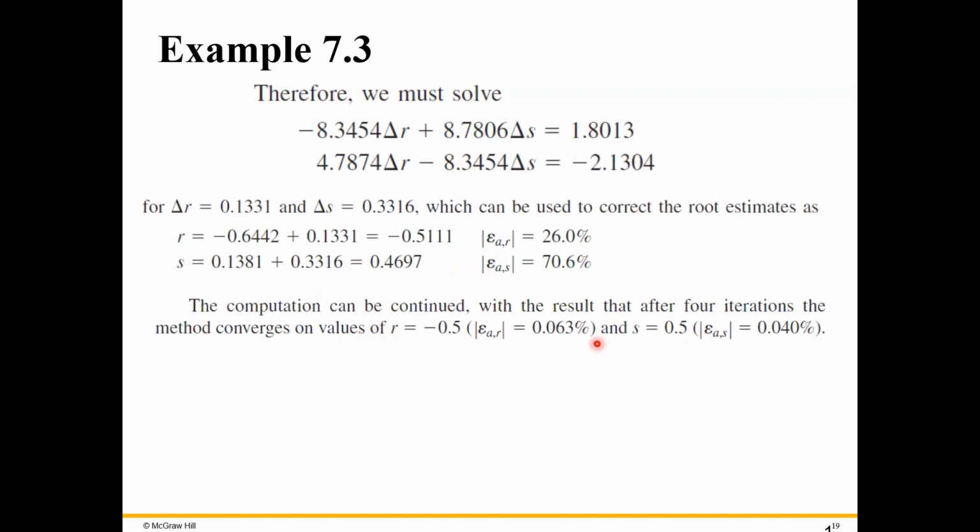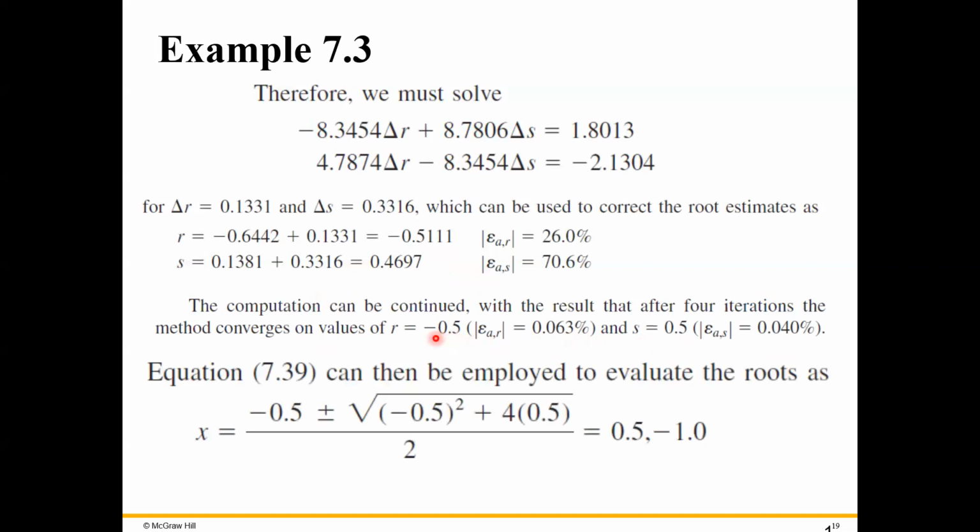So very familiar values of -0.5 and 0.5 we will get. Now these corrected values of R and S can be input into the quadratic formula for the equation x squared minus Rx minus S, and then we can find two of the roots of the equation, which will be 0.5 and -1 in this case. So these are two of the roots, 0.5 and -1.